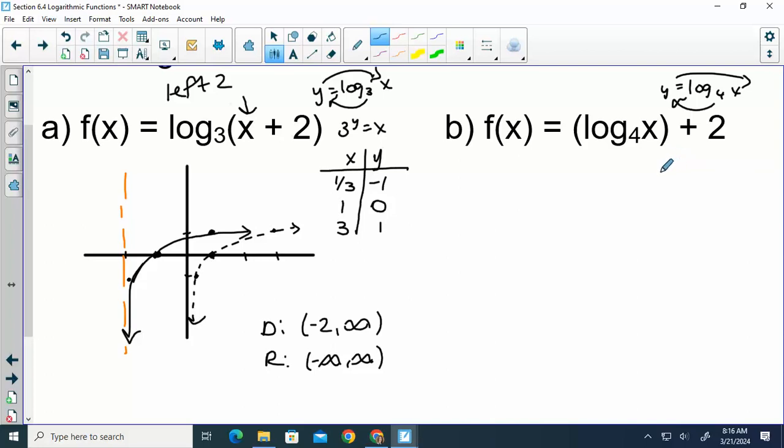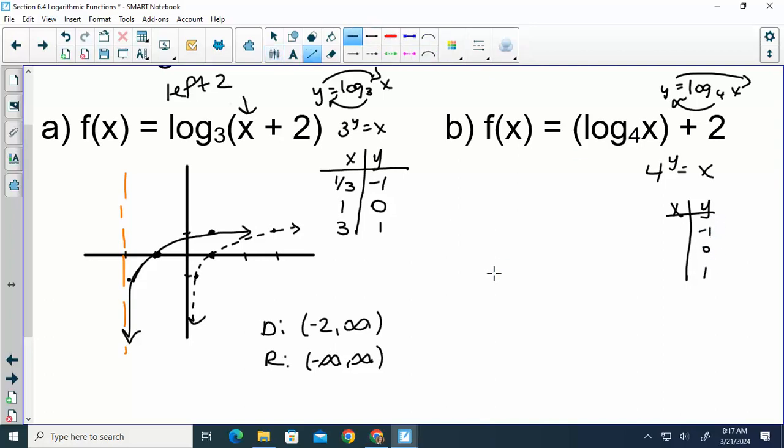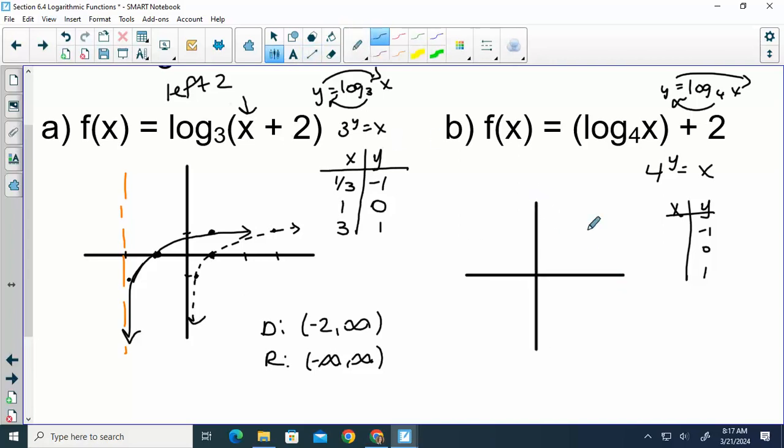So as exponential, that would be 4 to the y equals x. So if we make our t-chart, y is the exponent, so that's my negative 1, 0, and 1. 4 to the negative 1, 4 to the 0, and 4 to the first.